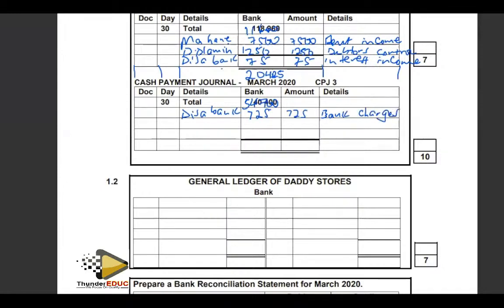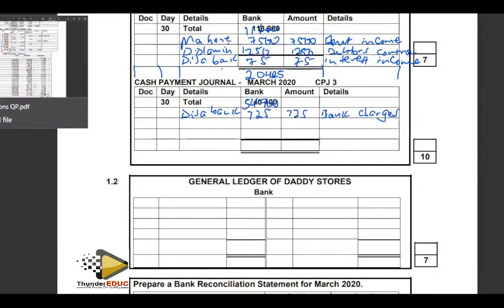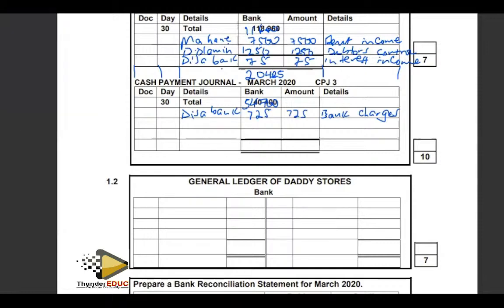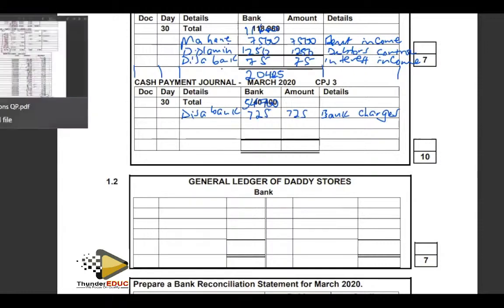Now we have another amount here. We have another amount.